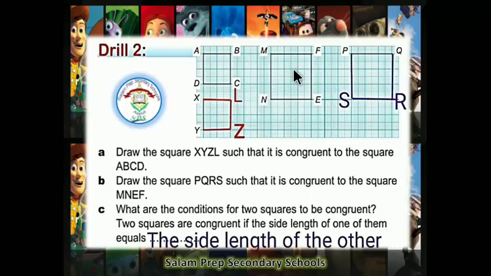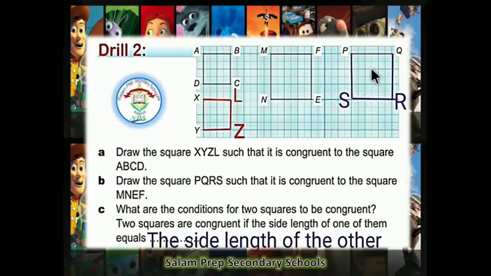Look at the other square, MEF. This square, the side length is equal to 3. 1, 2, 3. 3 centimeters. The side length of this square is equal to 3 centimeters.